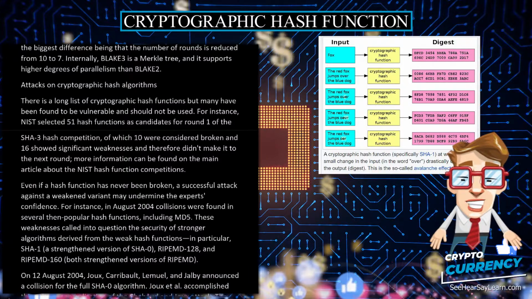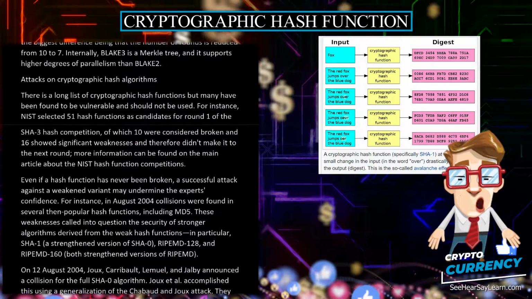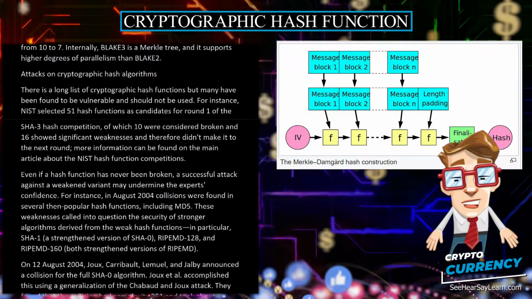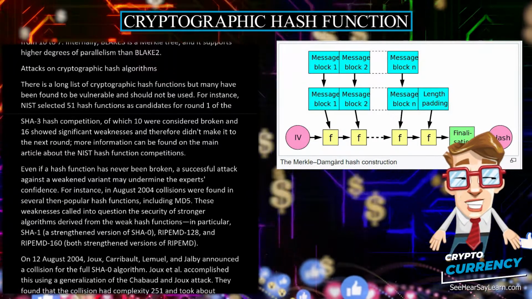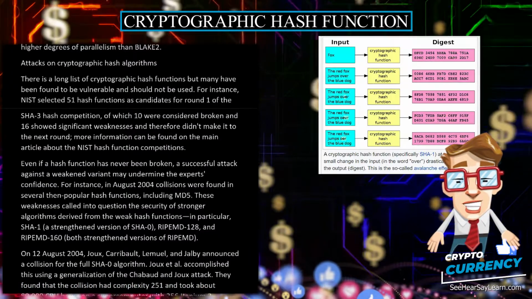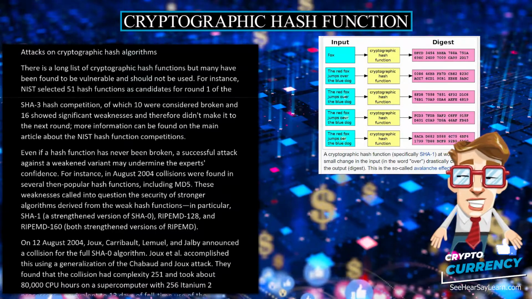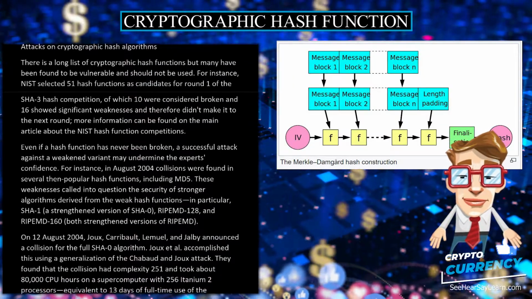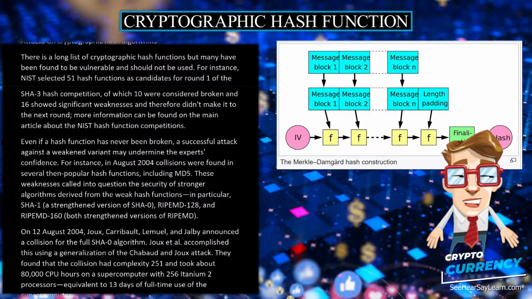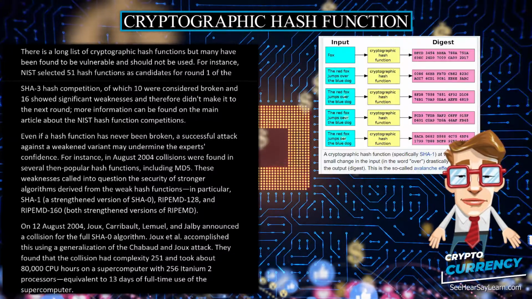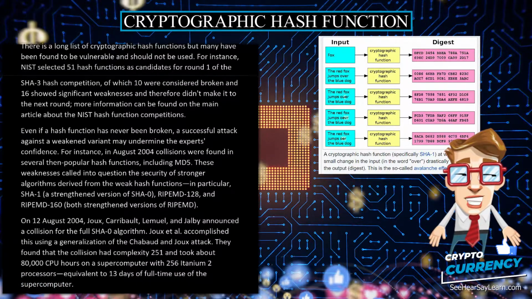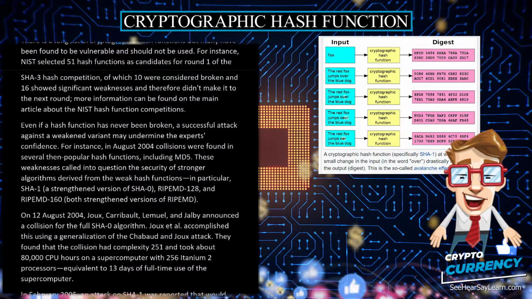In February 2005, an attack on SHA-1 was reported that would find collisions in about 2^69 hashing operations, rather than the 2^80 expected for a 160-bit hash function. In August 2005, another attack on SHA-1 was reported that would find collisions in 2^63 operations.